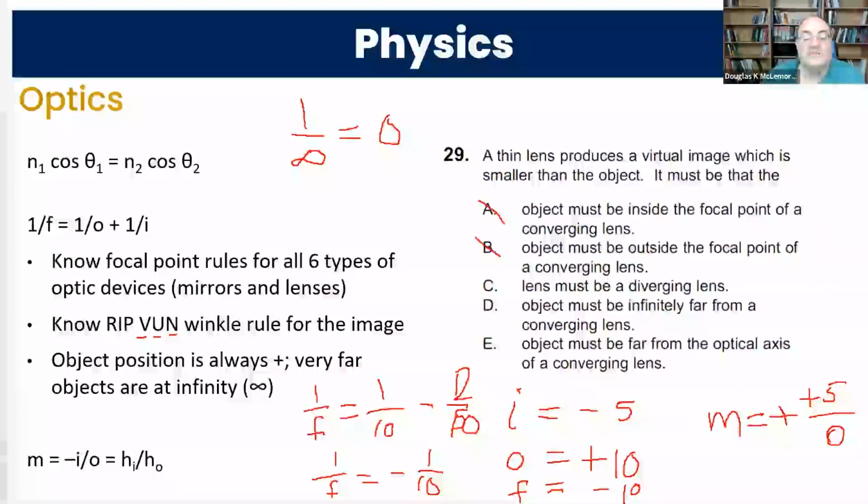The lens must be diverging, and here's what I mean by the rules of the focal points. If you see a negative focal point, you should know that it's a diverging lens. So that's looking pretty good. The object is infinitely far? Nope, doesn't have to be. And the object must be far from the optical axis of a converging lens? It's not converging, it's diverging. There we go.